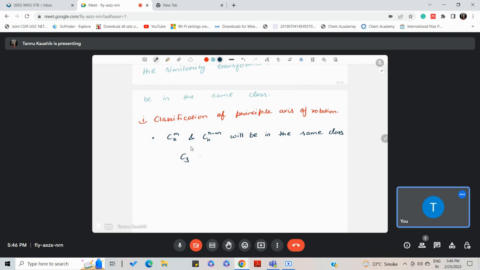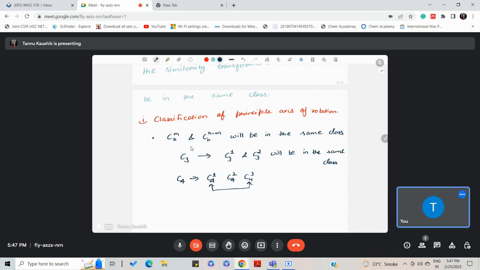For example, if we take this C3 principal axis of rotation, then C3^1 and C3^2 will be in the same class. And if we take the C4 principal axis of rotation and write the operations involved with it, C4^1, C4^2, C4^3, and C4^4 is again the identity element.